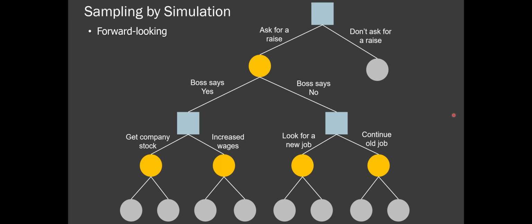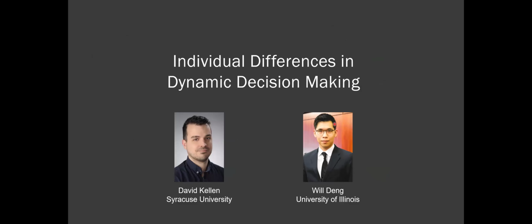We're not starting in the future and thinking backwards; we're looking towards the future. We're planning, but we're doing it on the fly. As you trace a path through the tree and hit a decision node, you just imagine or predict what you're going to do. You don't make a hard and fast commitment.